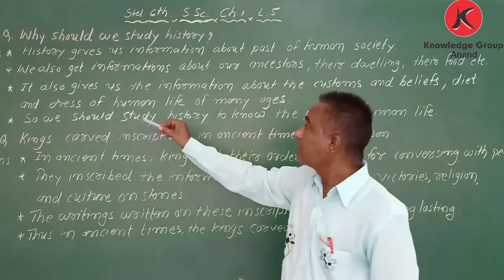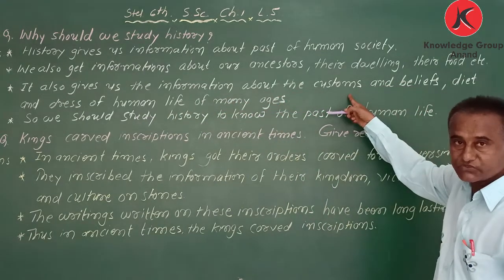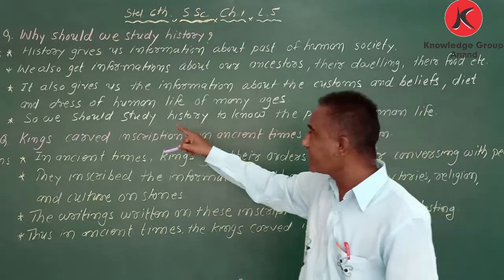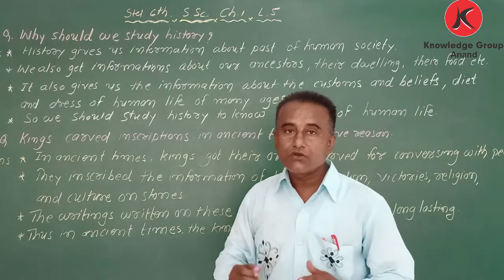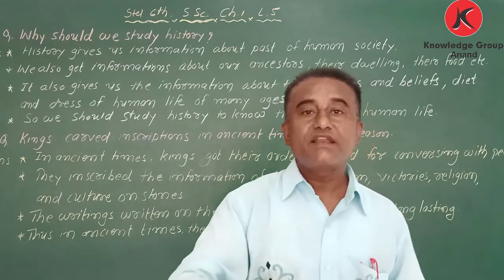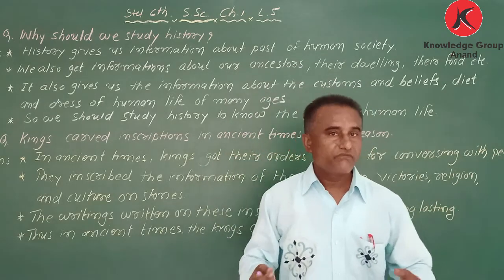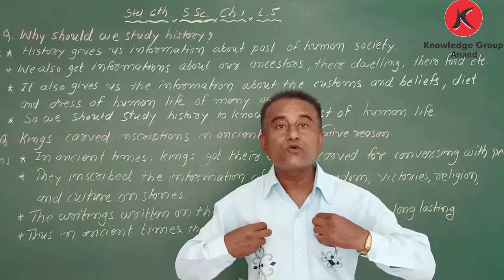It also gives us information about the customs and beliefs, diet and dress of human life of many ages, when many changes were made. At the origin time, our ancestors were not using this kind of clothes.